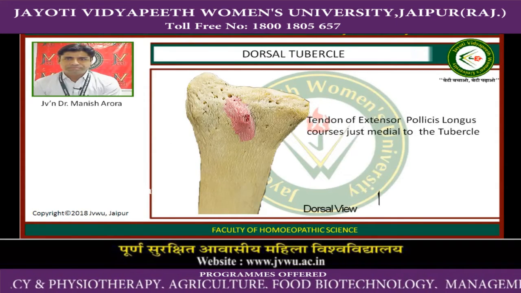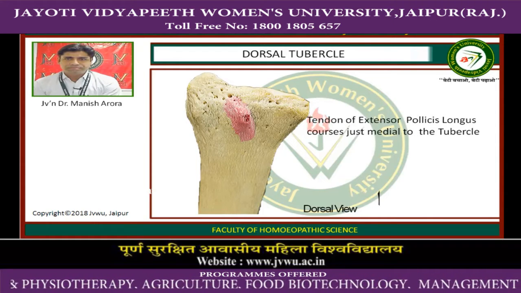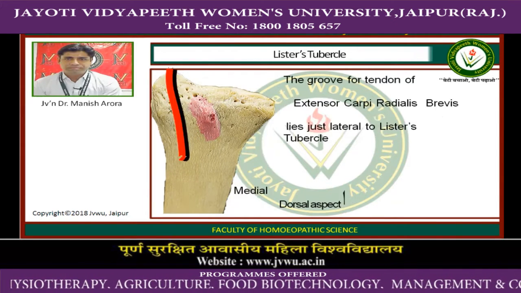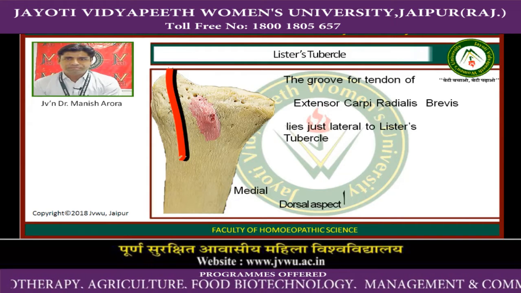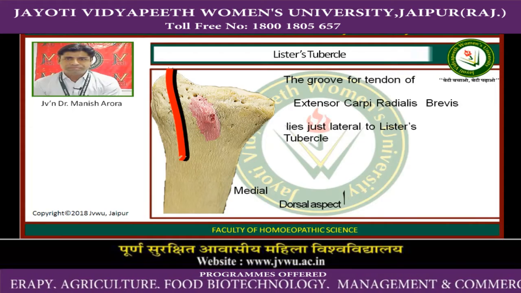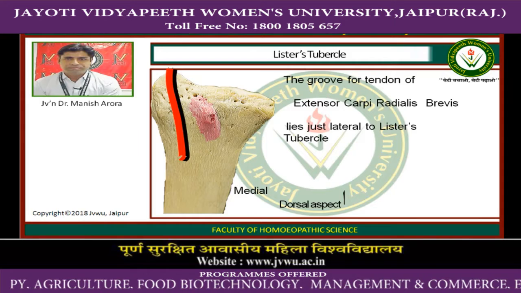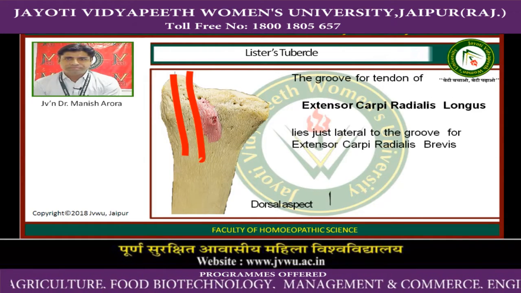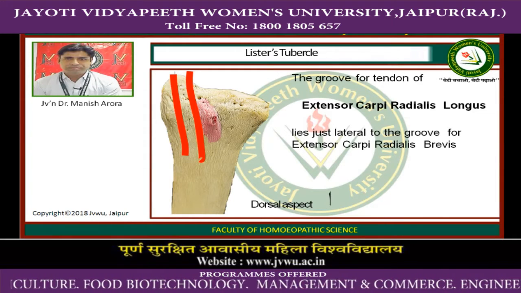Dorsal tubercle: the tendon of extensor pollicis longus courses just medial to the tubercle. Lister's tubercle: the groove for the tendon of extensor carpi radialis brevis lies just lateral to Lister's tubercle. The groove for the tendon of extensor carpi radialis longus lies just lateral to the groove for extensor carpi radialis brevis.